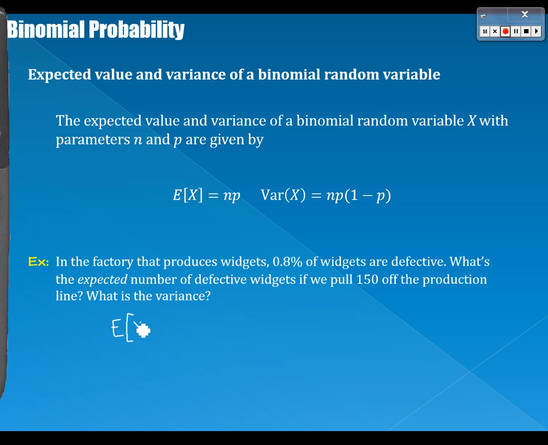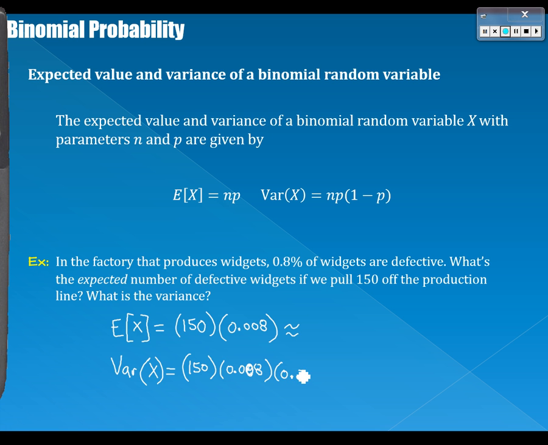I don't need to justify that, but the variance is a little mysterious. So the expected value from the last problem is n times p, which is 150 times 0.008, and someone can tell me what that is. And the variance will be NPQ, 150 times 0.008 times 0.992.